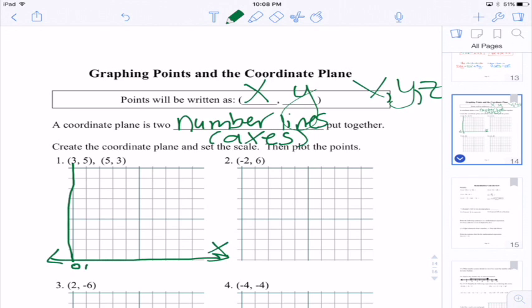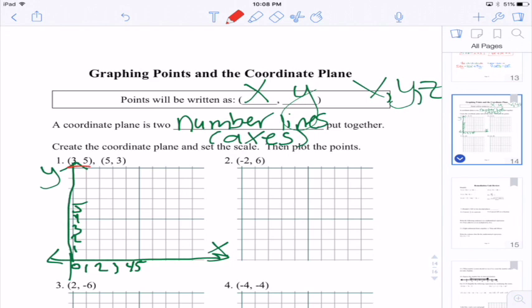So 0, 1, 2, 3, 4, 5. That's plenty. And this will be another number line, which is our y-axis. But instead of being left to right, it's up and down. So 0, 1, 2, 3, 4, 5. And again, that's plenty.